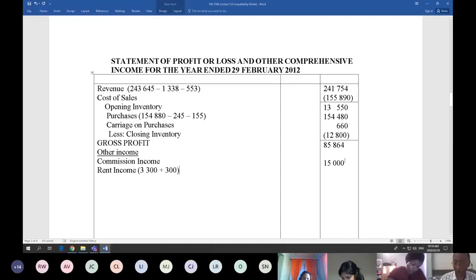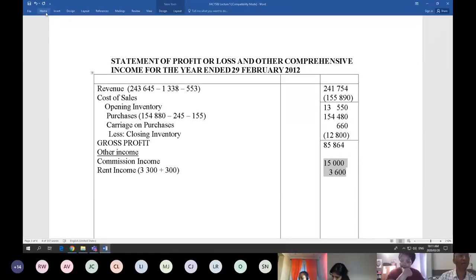So if you want to indicate the rental income for the year, the rental income for the year is 3,600. 3,300 from the trial balance and another 300 Rand from your adjustment, and that will give you 3,600 as rental income.